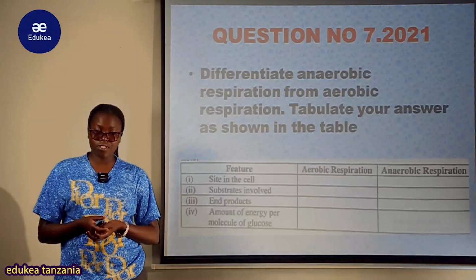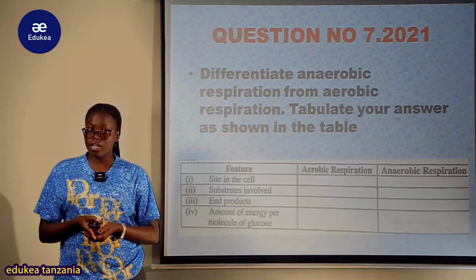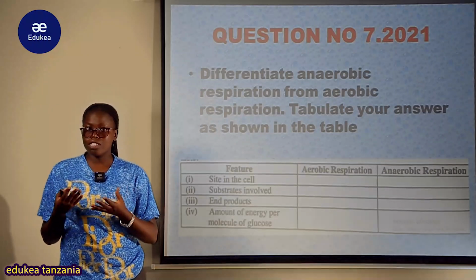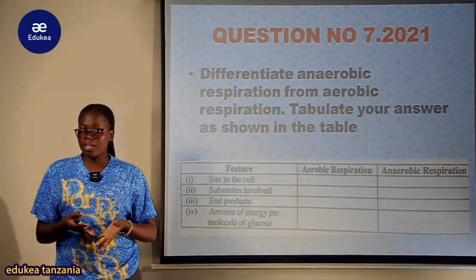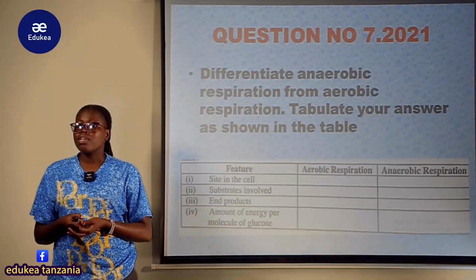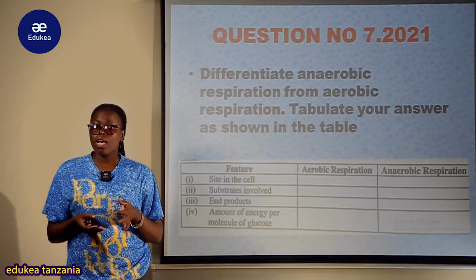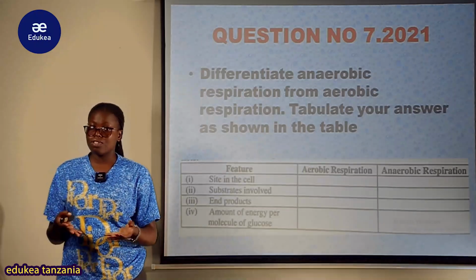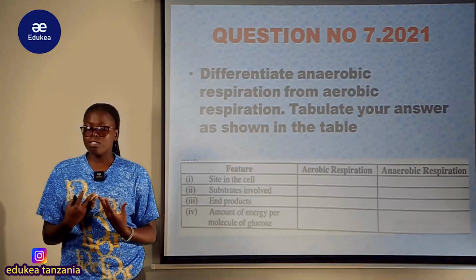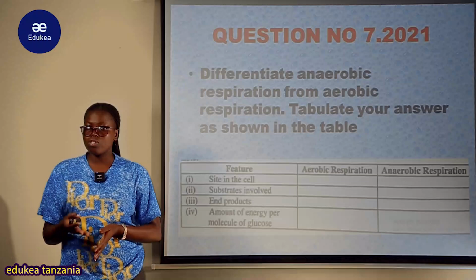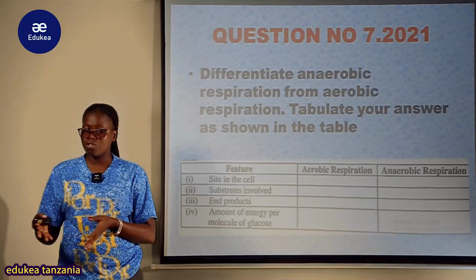And on the anaerobic respiration, this is a process which involves breaking down of complex food substances in the absence of oxygen to produce either alcohol or lactic acid, with little ATP. This process tends to take place in plants and animals, and it tends to differ.